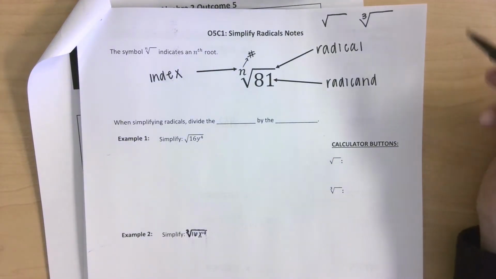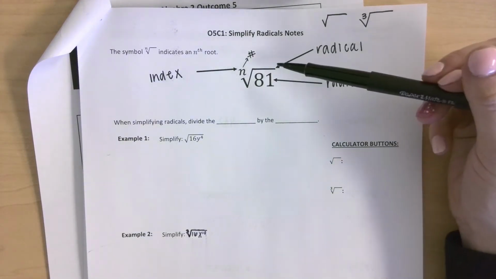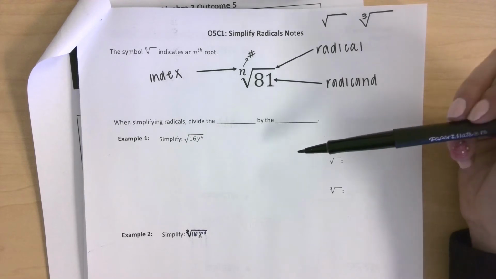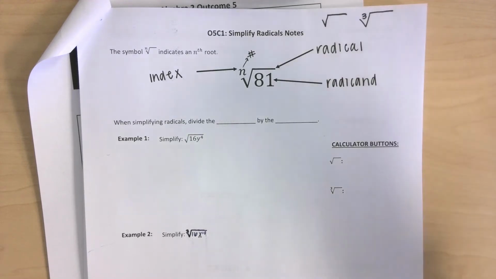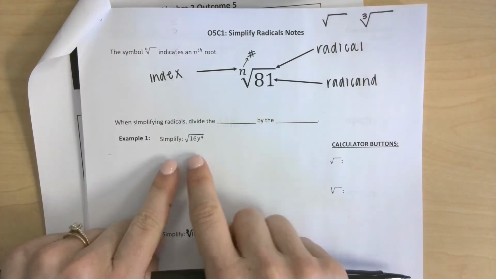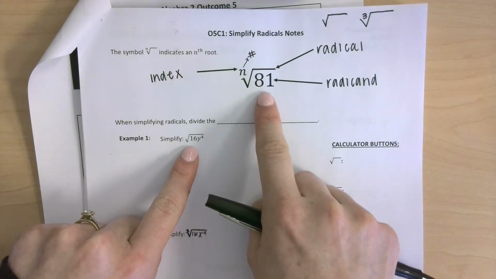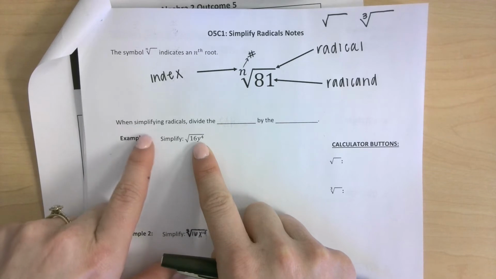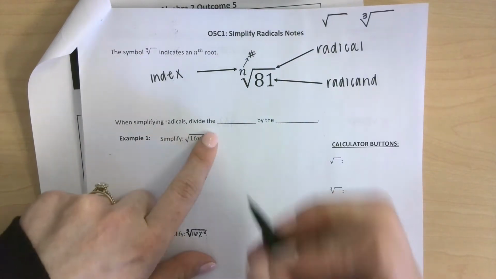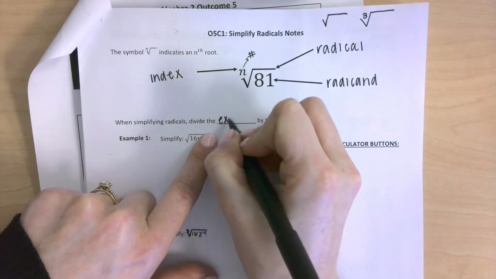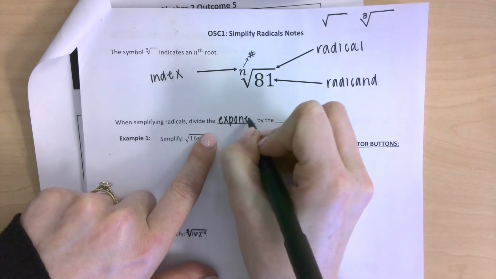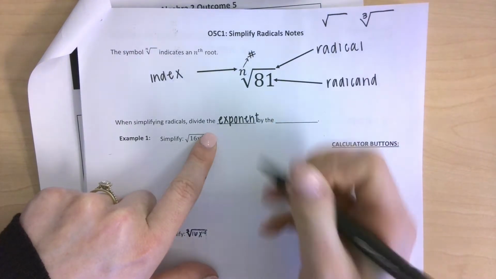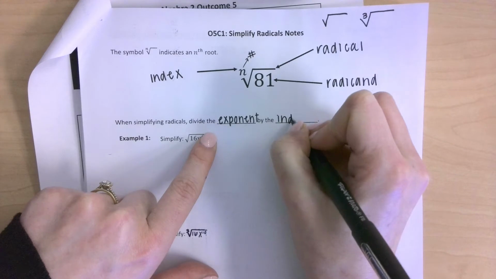Now in today's lesson, we're going to see a variety of these radicals, and we are going to focus on simplifying. Now you'll notice as you look at example 1 here, our radicands can be a mixture of numbers and variables. Whenever we are simplifying these radicals, we are going to divide the exponent by the index.